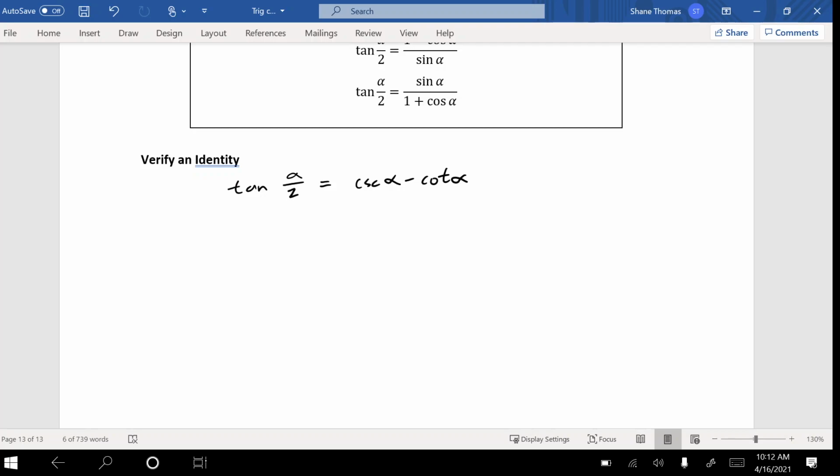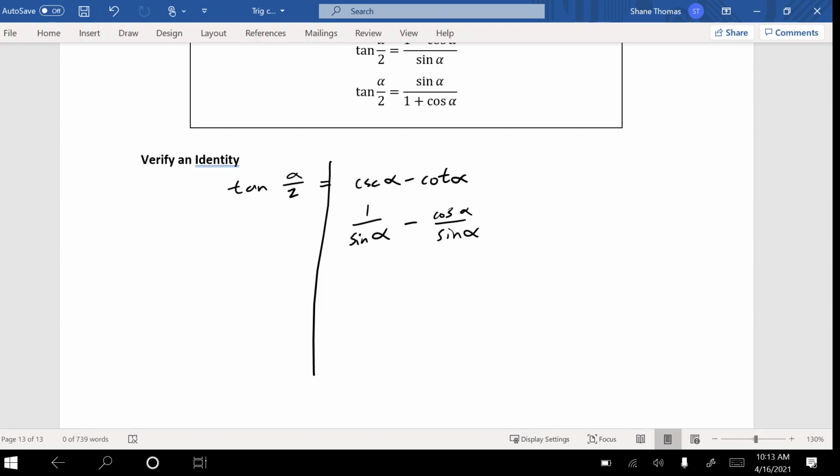You guys agree with me? So let's manipulate that right side. Cotangent is a little more straightforward. All right, so cosecant, what's cosecant equal to? 1 over sine minus what's cotangent? Cosine over sine. Boom.